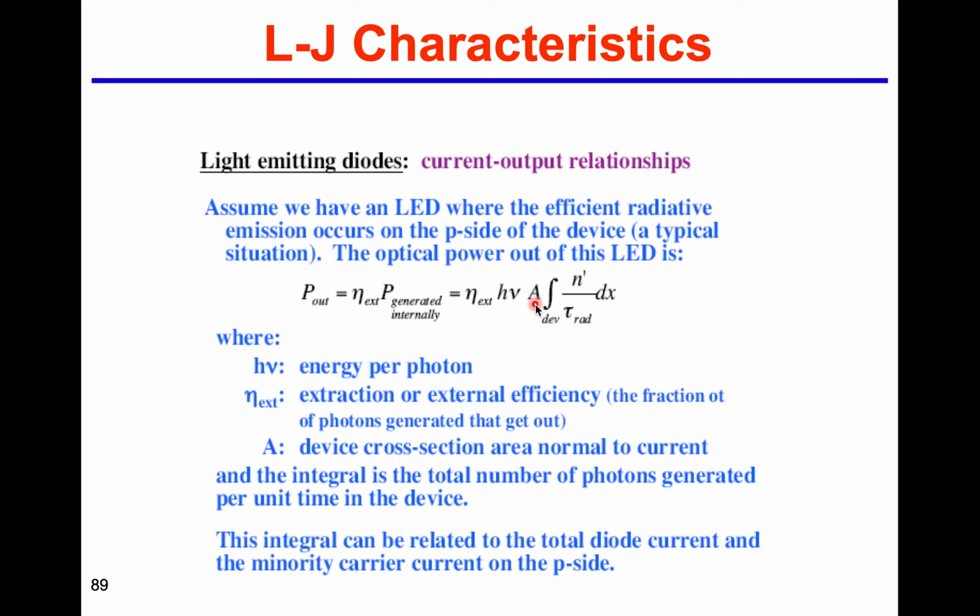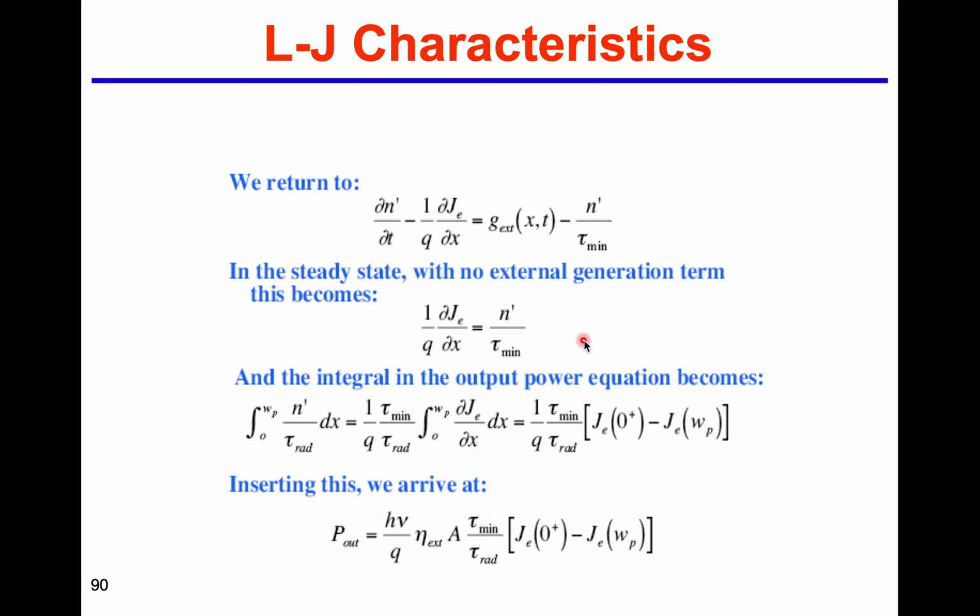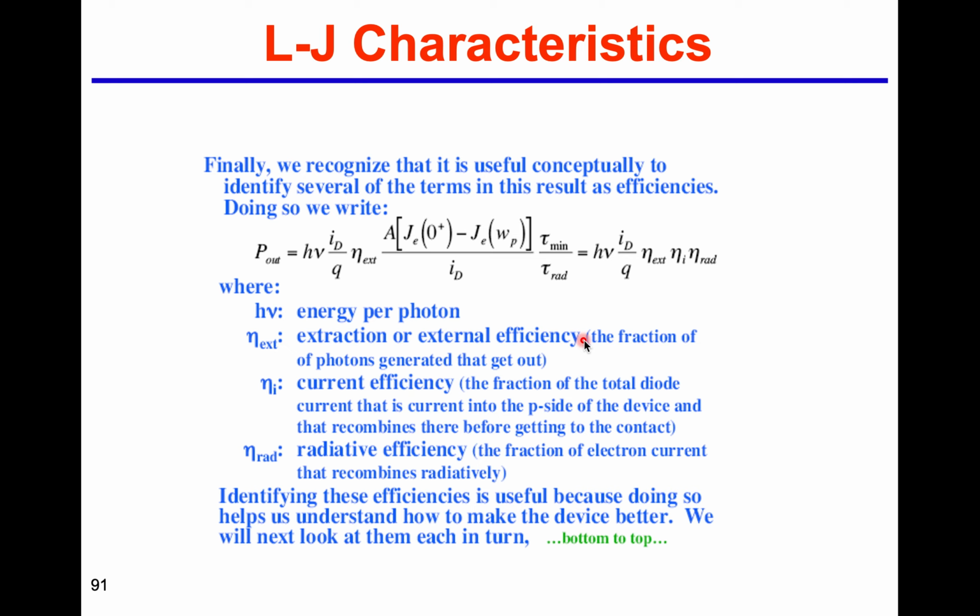Also A is the cross-section area. And this term will relate to the current. So you can read that the output optical power is related to the current here.